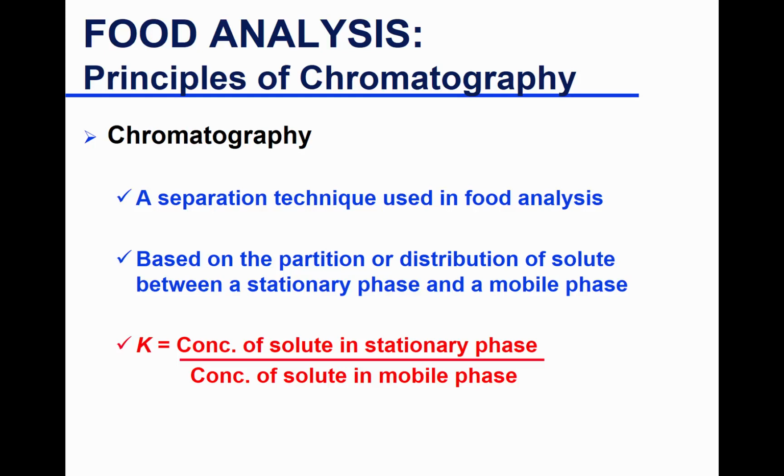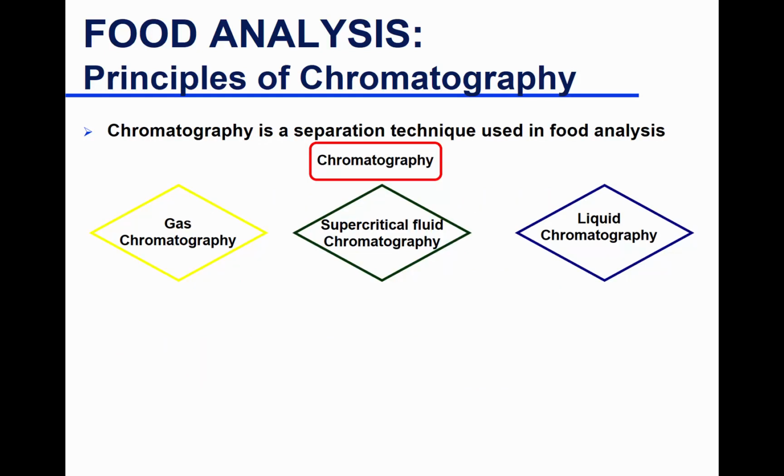And often your partition coefficient or distribution coefficient is the concentration of solute in your stationary phase, which is phase 1, phase A, whatever you want to call it. But it's always stationary phase over concentration of solute in mobile phase. And that is at equilibrium. Okay.